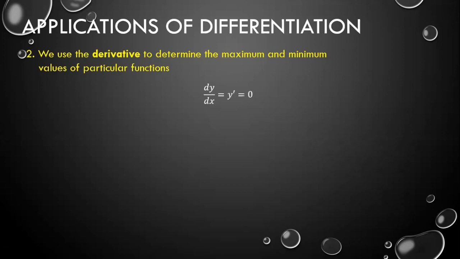The maximum and minimum values are satisfied by dy over dx, the first derivative, equal to 0. Once again, the maximum and minimum values of the function are satisfied by the first derivative equal to 0.